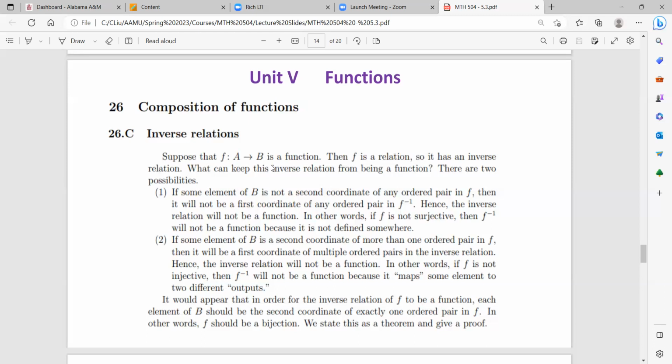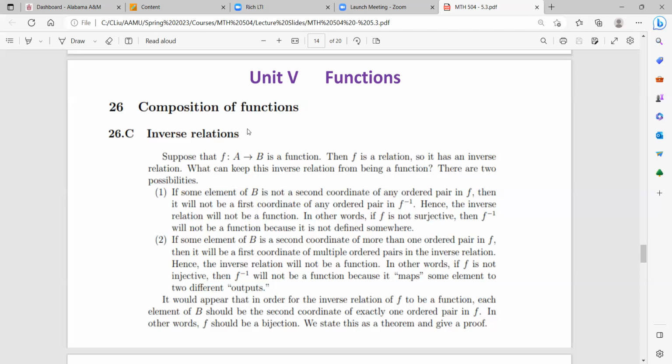Okay, and the other case is when multiple elements in set A map to one element in B. So when f is not injective, in other words, not one-to-one, then when you reverse the order in the pairs, you can see that for an element in set B with multiple pre-images, that element in B becomes the first coordinate, and those multiple pre-images in set A become the second coordinate.